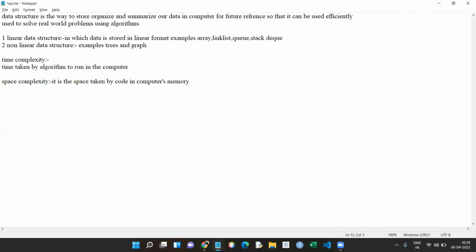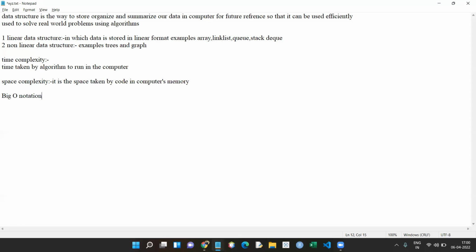Now, what is the representation of this complexity? How do we calculate it? Because this is a measurement. The time can be measured, and the space can also be measured because it is data basically. So time and space complexity can be measured in big O notation. And what is big O notation basically?